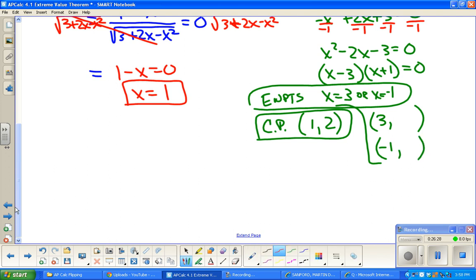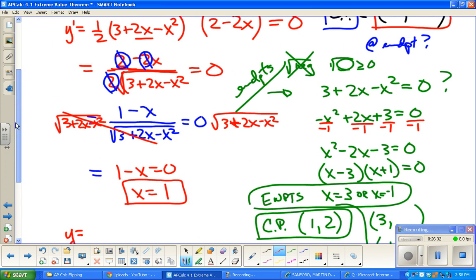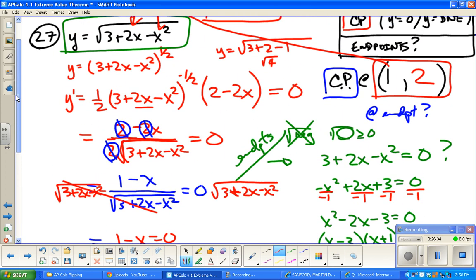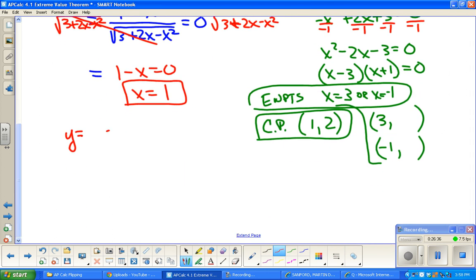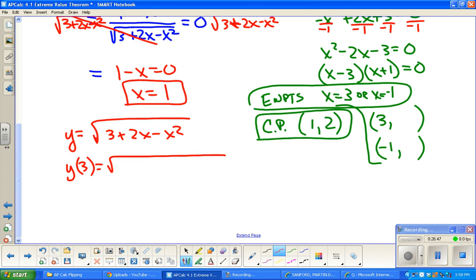So let's remind ourselves what the equation was originally: the square root of 3 plus 2x minus x squared. What I'm going to do is put in 3. So y of 3 is 3 plus 2 times 3 minus 3 times 3. So that's 0. So (3, 0) is a point.